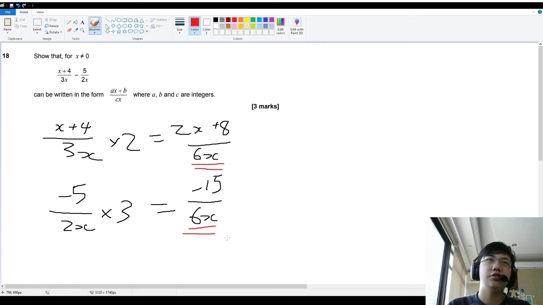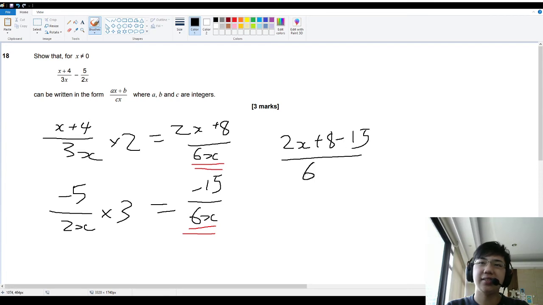Since the denominators are now the same, we can group the two fractions together. So we have 2x plus 8 minus 15 over 6x, which gives us 2x minus 7 over 6x after grouping the constant values together.